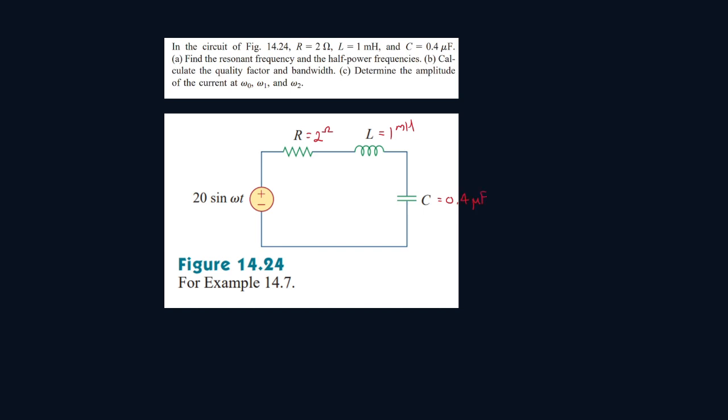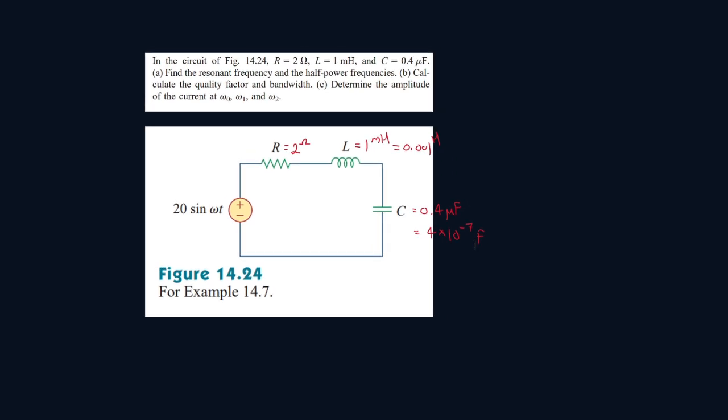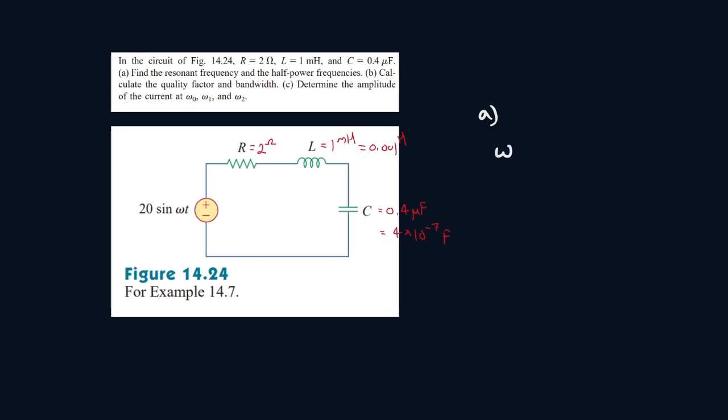Okay, so let's convert that from millihenry to henry. That's just 0.001 henries. And this is just 4 times 10 to the power of minus 7 farads. So let's first solve for A. To find the resonant frequency, it's omega naught equals 1 over the square root of the inductance times the capacitance.